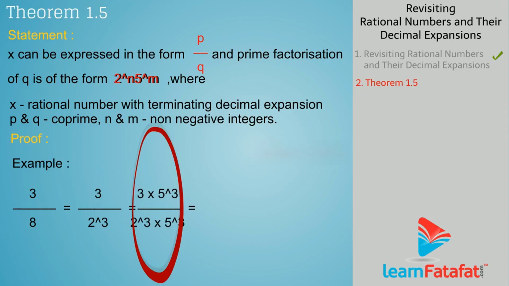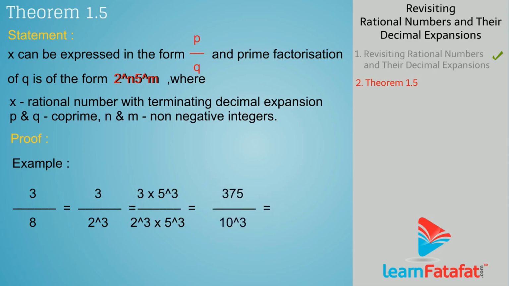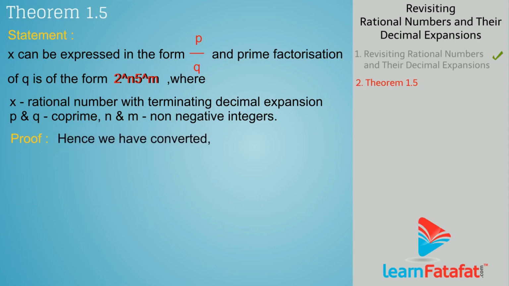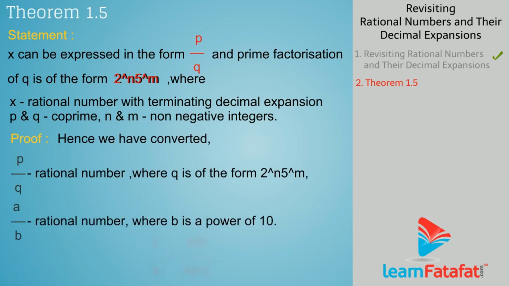Multiplying and dividing this with 5^3, which is of the form 2^n × 5^m, we can write it as 375/10^3, which is of the form a/b, which is equal to 0.375. Hence, we have converted a rational number p/q to a rational number a/b, where b is a power of 10.